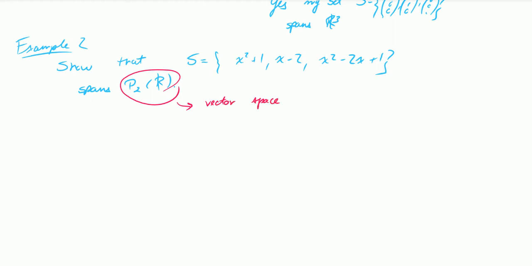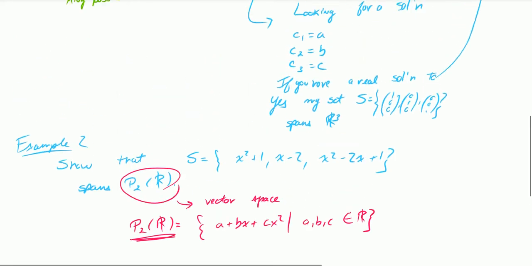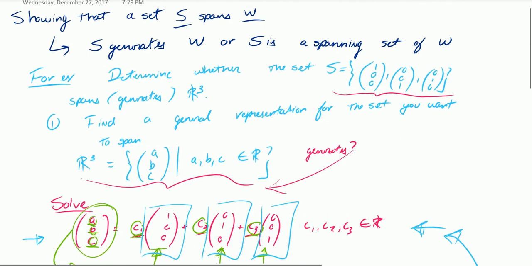P2R is a vector space, and P2R can be represented as a plus bx plus cx squared, such that a, b, c belong to the real numbers. So this is a similar representation to how I defined R3 over here.